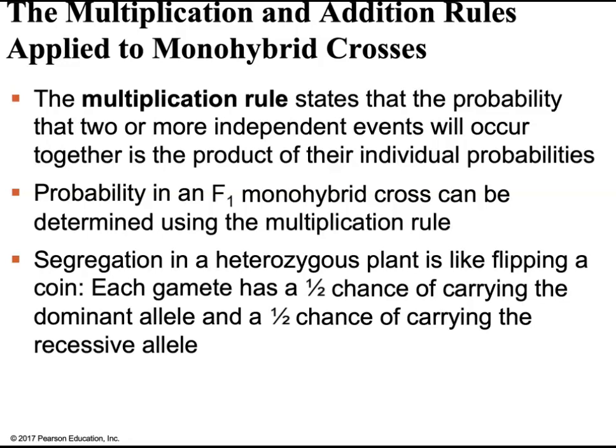The multiplication rule states that the probability that 2 or more independent events will occur together is the product of their individual probabilities. Probability in an F1 monohybrid cross can be determined using the multiplication rule. Segregation of alleles in a heterozygous plant is like flipping a coin. Each gamete has a 50% chance of receiving the dominant and a 50% chance of receiving the recessive allele.